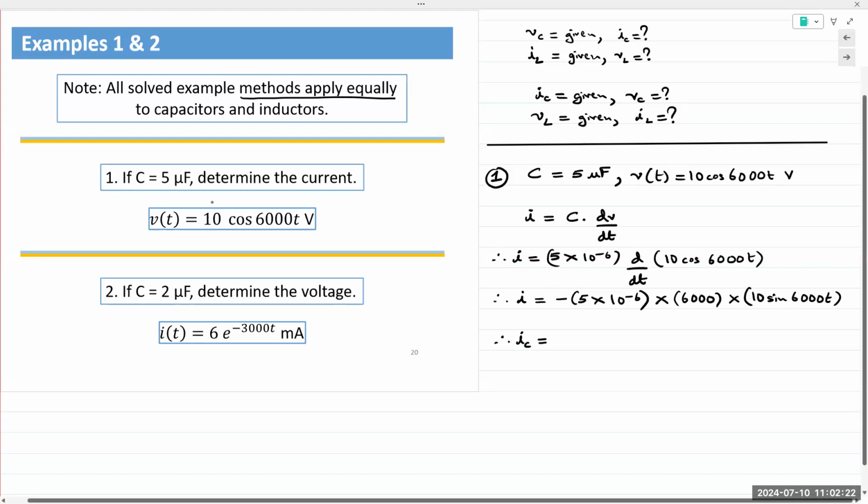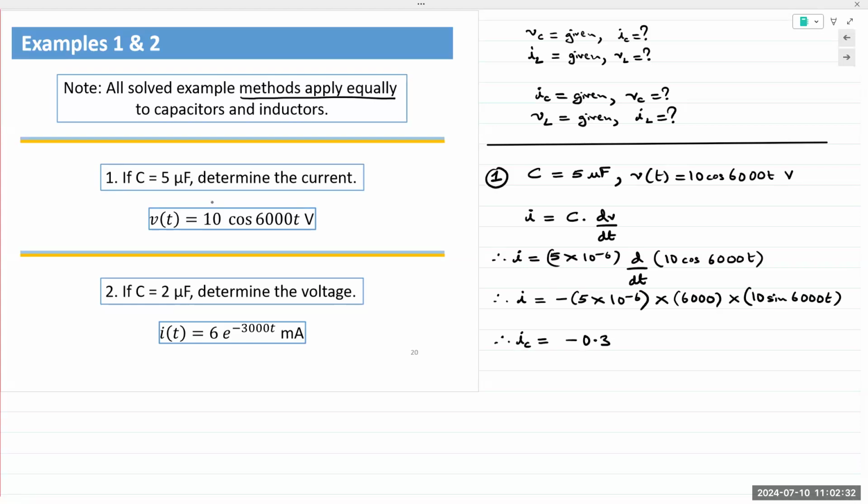And so capacitor current would have a value of minus 0.3 sine of 6000t.